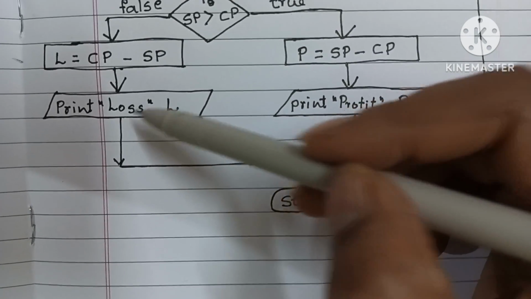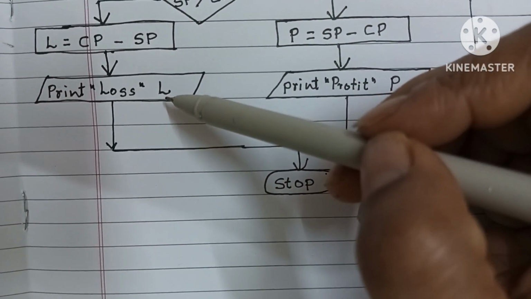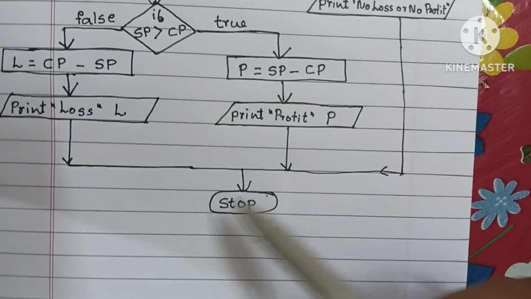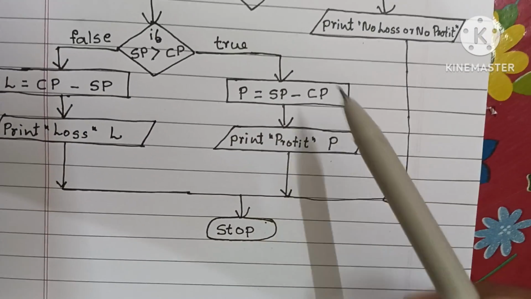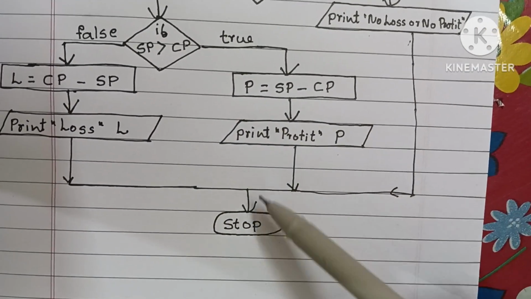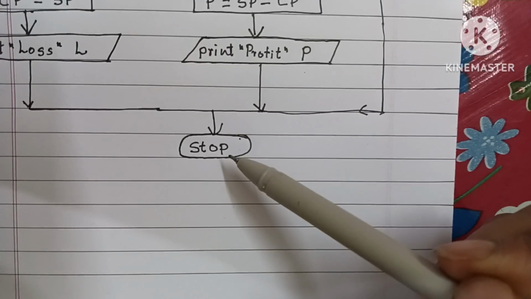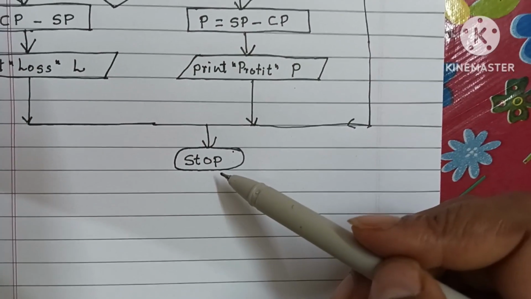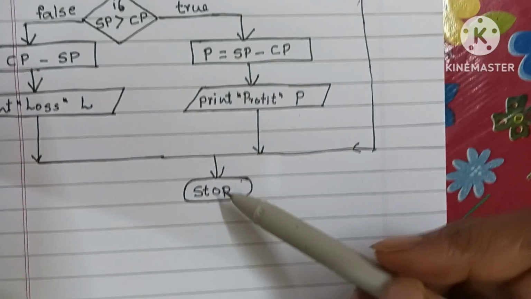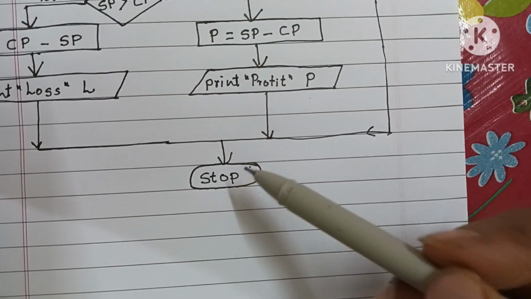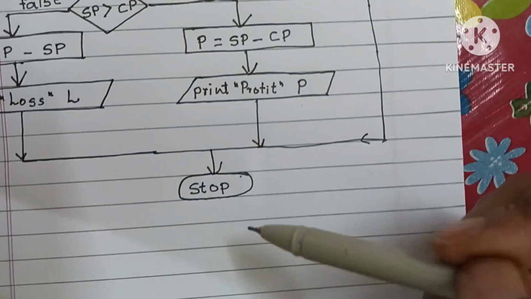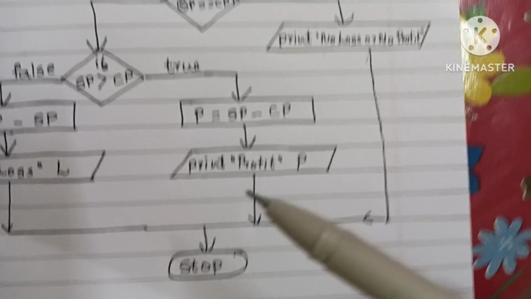So print loss and the value of loss, that is L. Finally we have to combine all these outputs in the stop statement. Here the stop statement is written within an oval shape. The stop statement is used to end the flowchart, is used to stop the flowchart.